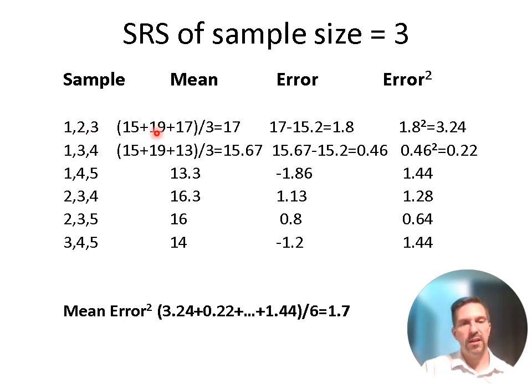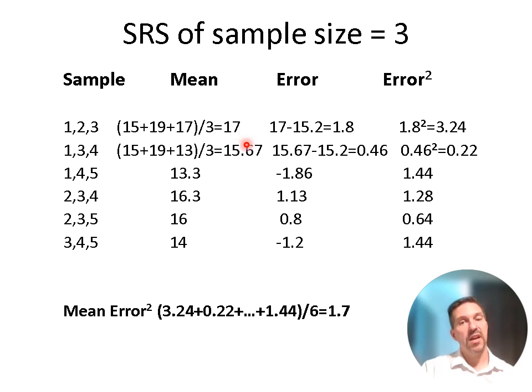I'm going to take whatever sample I have and look at the sales for each of those stores, which are store 1 is 15 million, store 2 is 19 million, store 3 is 17 million. I'm going to add these 3 up and divide by the number of elements in my sample, which is 3. And I get an average guess about what's happening in the population, in this case with my first sample of $17 million.